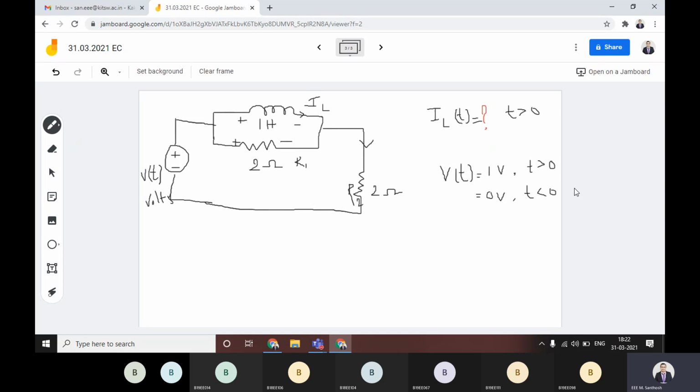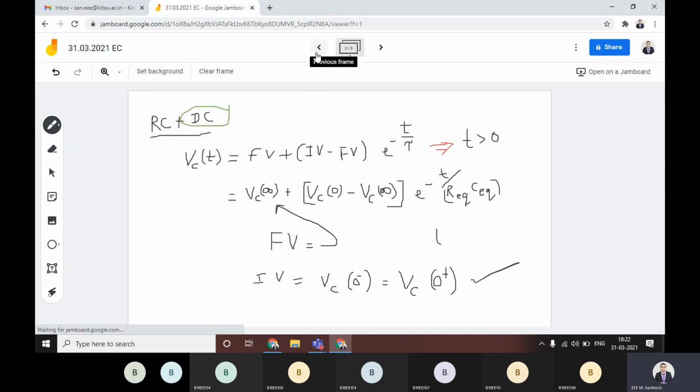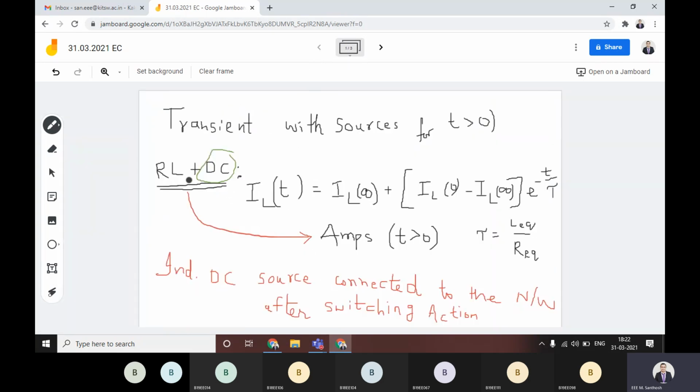What we have told you: whenever a DC source is connected along with RL, this is the same case as RL plus DC. The criterion here is that the independent DC source is connected to the network only after the switching action.